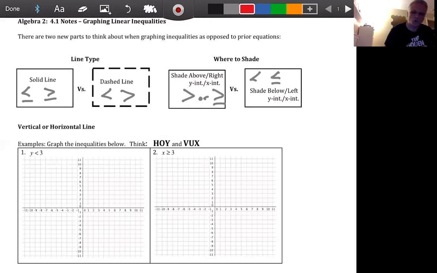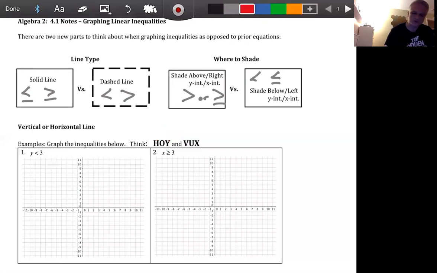And again, we go back to HOY-VUX. When we're talking about horizontal lines that have zero slope, the equation was y equals, or in this case, y is greater than or less than. So I have 3 steps for you.